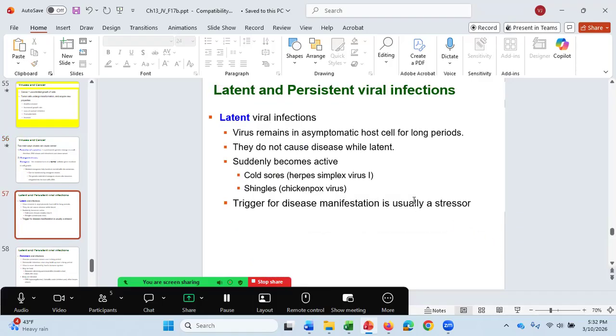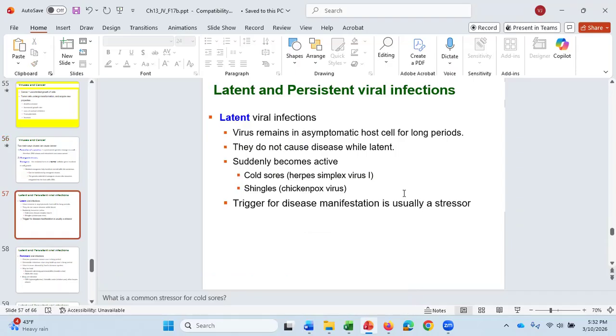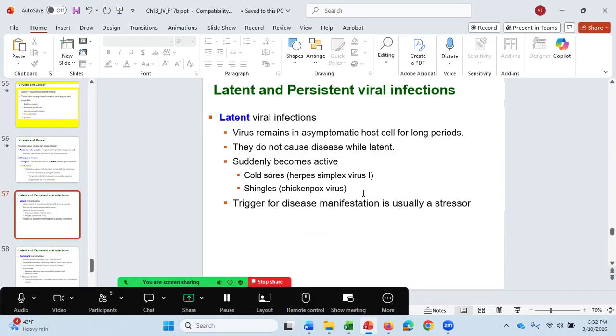All right. I mentioned that the two most common life cycles of an animal virus are the budding life cycle and the lytic life cycle. However, there are two other life cycles. There's a latent life cycle. In the latent life cycle, the virus remains asymptomatic in a host for long periods of time.